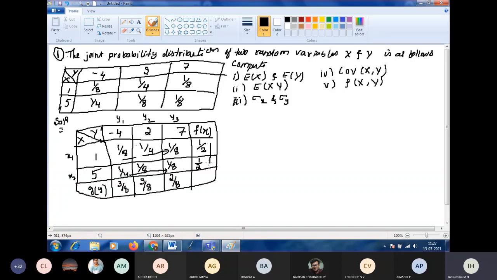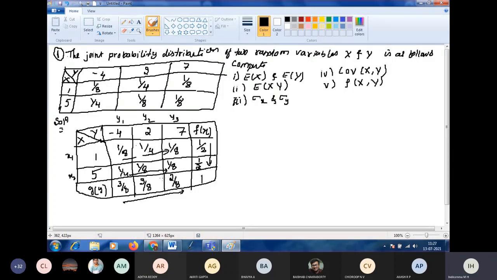Now add these two values. What is 1 by 2 plus 1 by 2? 1. Now add these three values: 3 by 8 plus 3 by 8 plus 2 by 8. 8 is LCM, 3 plus 3 plus 2.